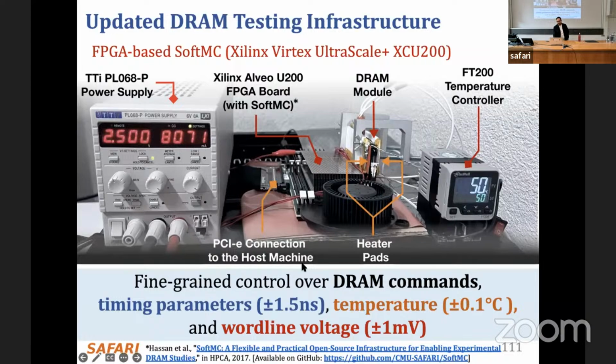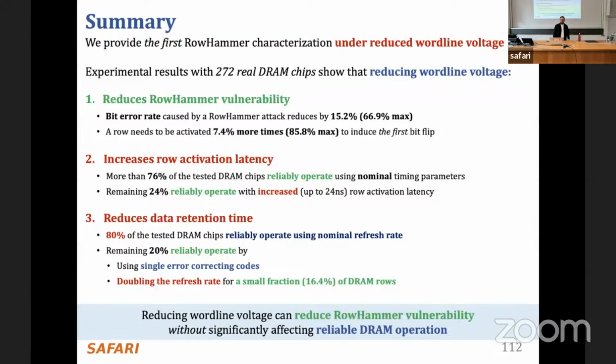So in this particular case, we changed the voltage on the word line of DRAM cells. And we show that when we reduce the voltage on the word line, you now have a smaller voltage swing, or toggling, on your word line voltage as you activate and precharge rows. To give an example, in nominal DDR4 constraints, you have to provide 2.5 volts to your word lines, for example.